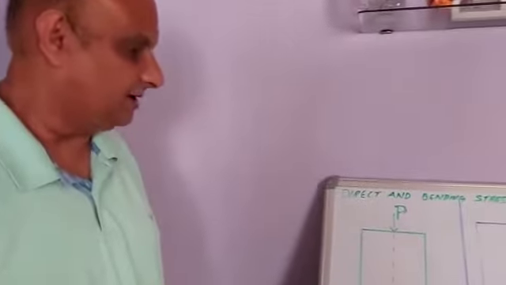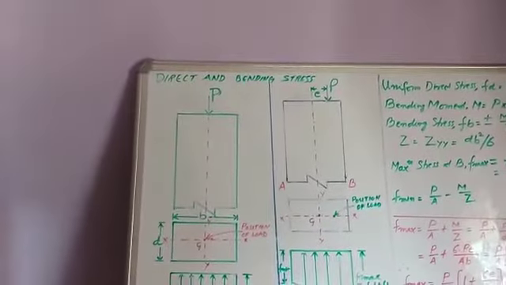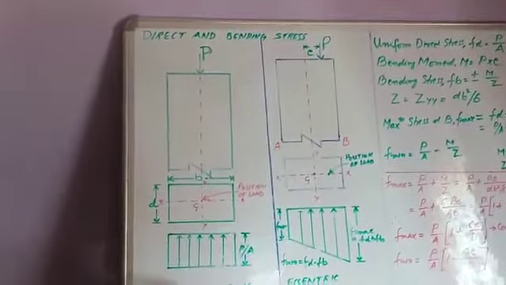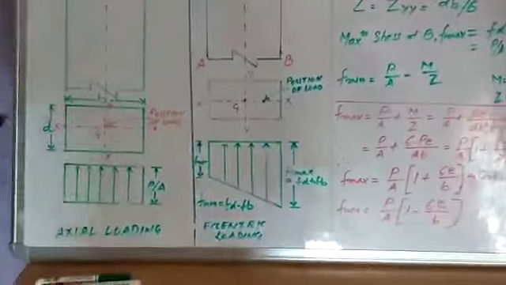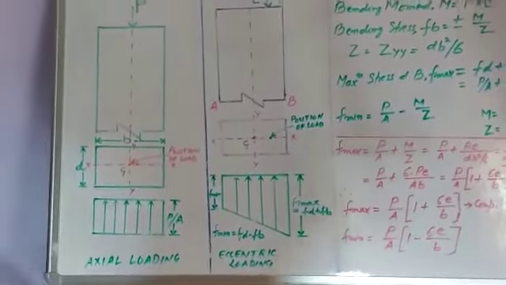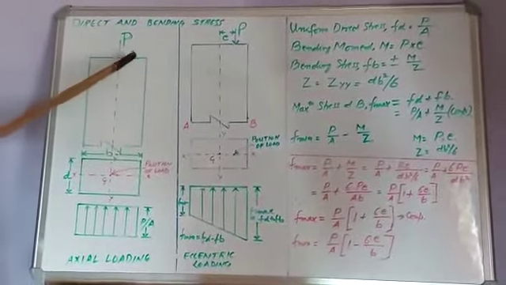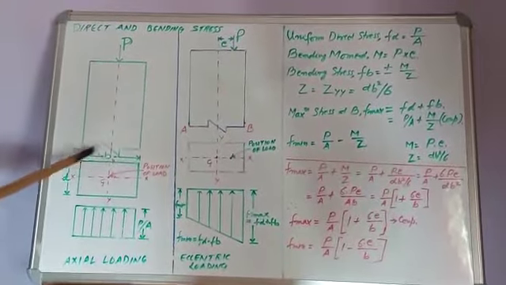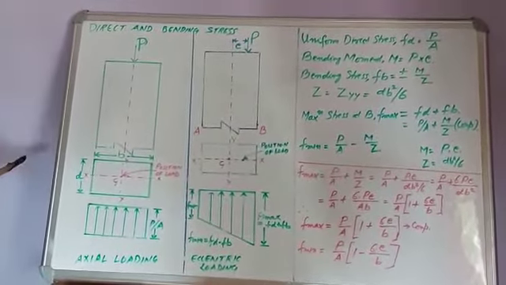So in this chapter, first of all, we will see the two types of loading. One is known as the axial loading and the other one is the eccentric loading. Now you clearly look at this figure. Here we have a column. The width is B and the thickness is D, and this is the elevation of the column.